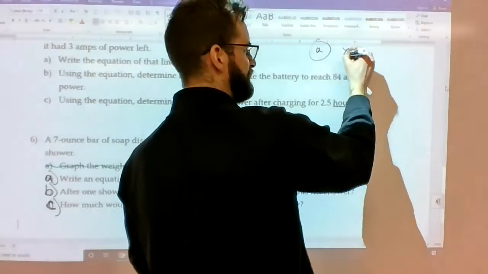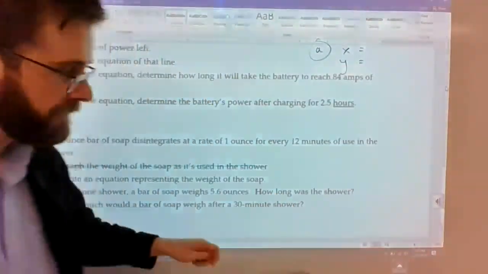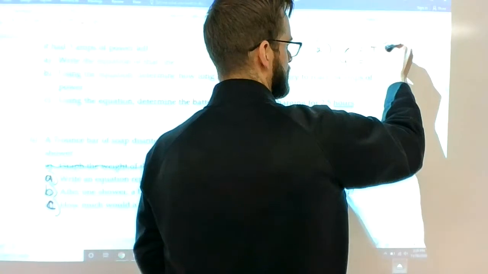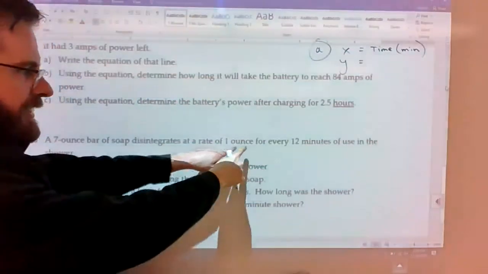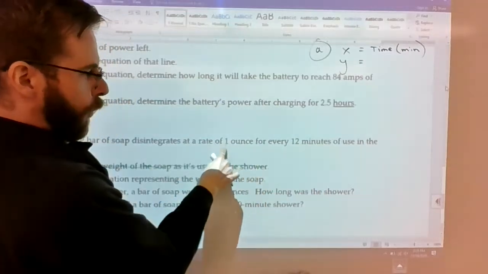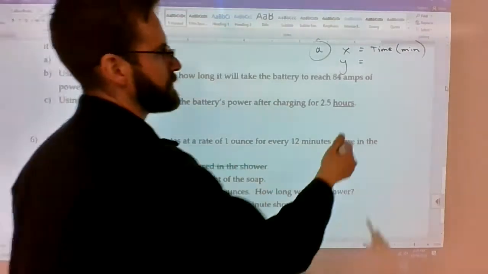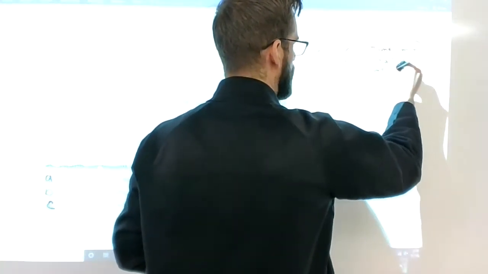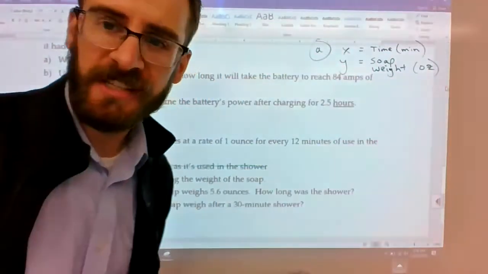We first want to define our variables. Remember, x is always going to be time if time's involved. I see minutes. That's a time variable. The y value is the other part of the rate of change, 1 ounce. So it's the weight of the bar of soap in ounces. Soap weight, and the abbreviation for ounces is OZ.